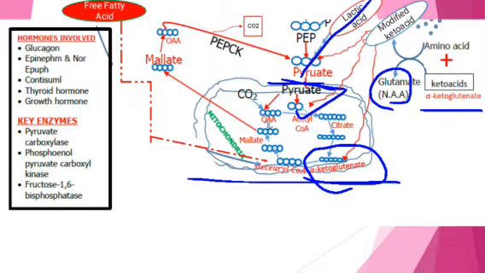So when we say the modified amino acid is converted into alpha-ketoglutarate in the TCA cycle, it moves from the cytoplasm into the mitochondria. So this is one source, aside from lactic acid, of generating substrate into the TCA cycle.